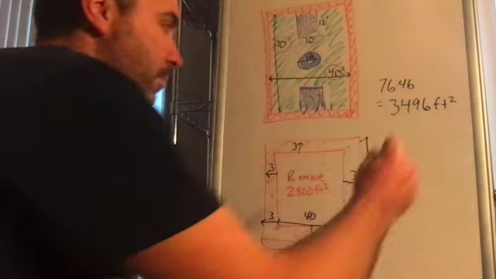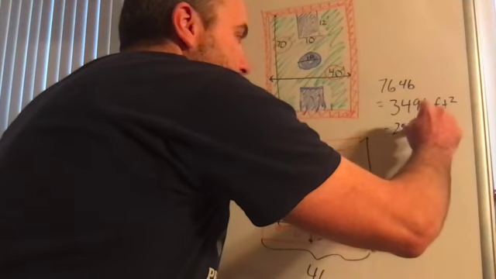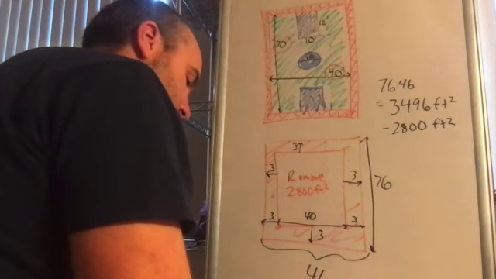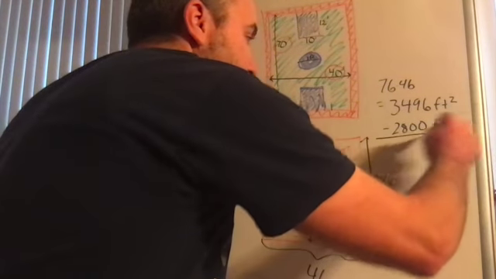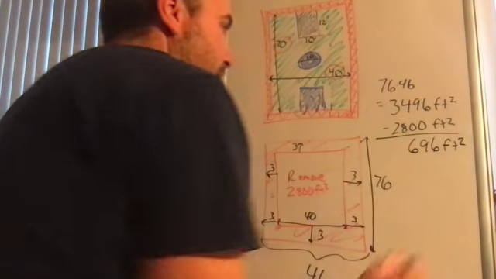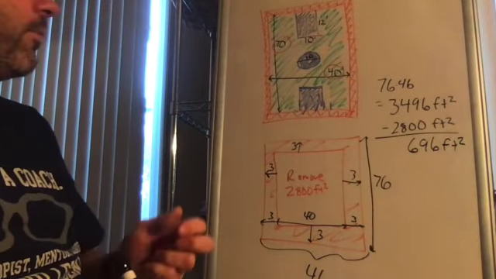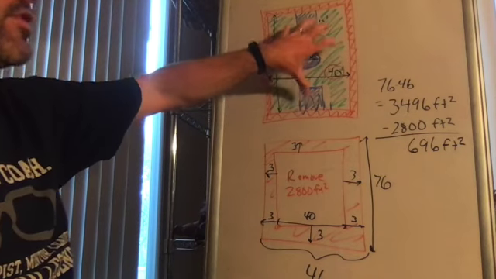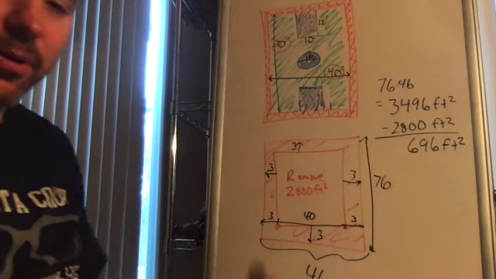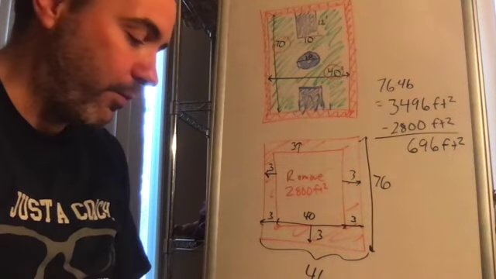So we're going to remove the 2,800 square feet, and we end up with 696 square feet. So not a lot, but honestly, we removed the giant chunk. We removed 2,800 square feet, so there shouldn't be a lot left for that red rectangle.